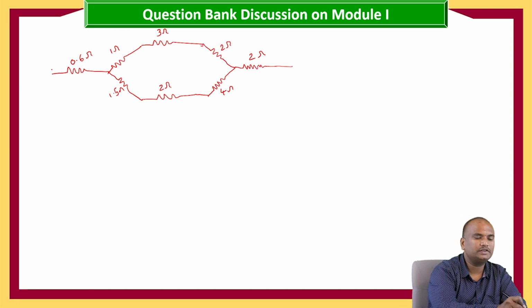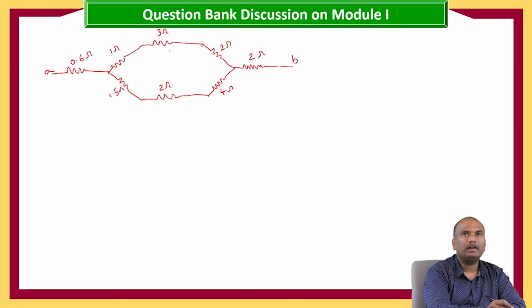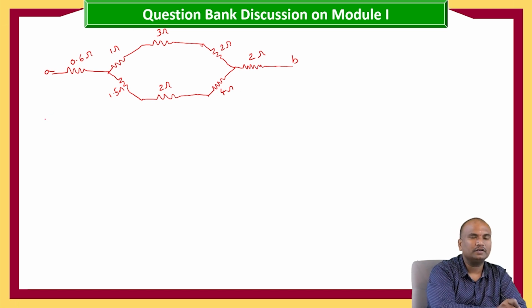Here, if you see between these two terminals, this 1 ohm, 3 ohm and 2 ohms are connected in series, and 1.5 ohms, 2 ohms and 4 ohms are connected in series.